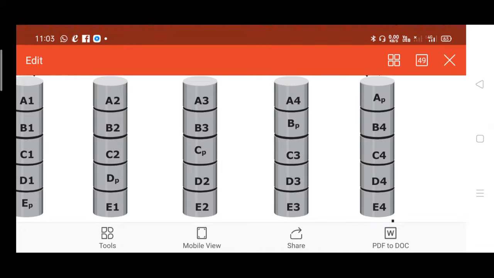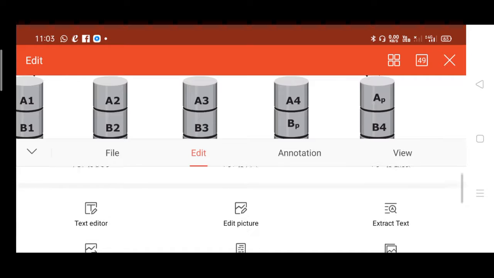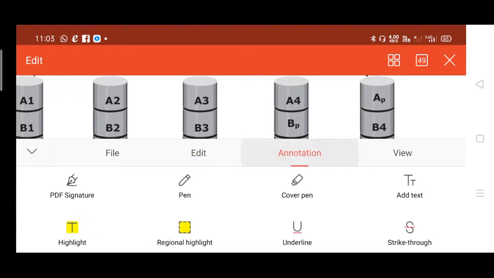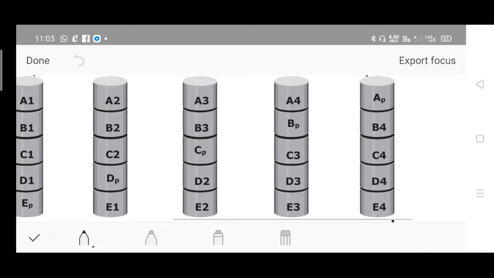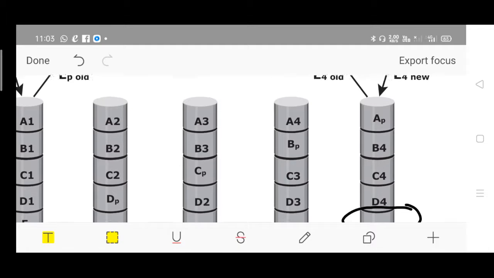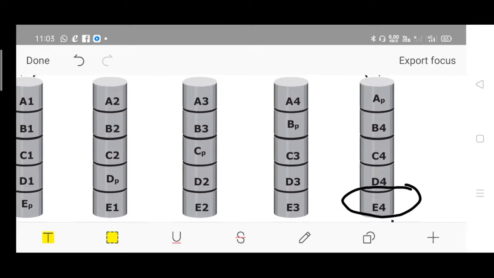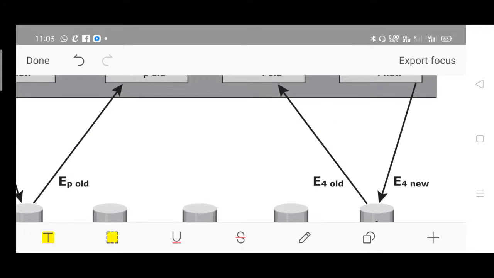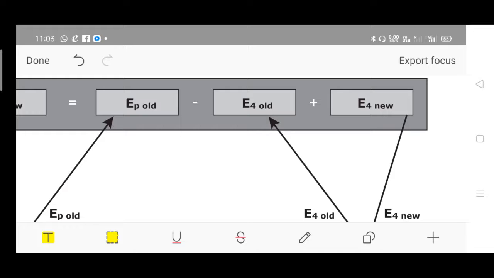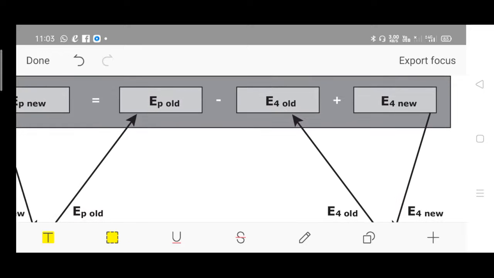Please try to understand. Here the data is slightly updated. What are you supposed to do? You have to recompute the parity value. So the new parity value is computed and the old value should be subtracted.